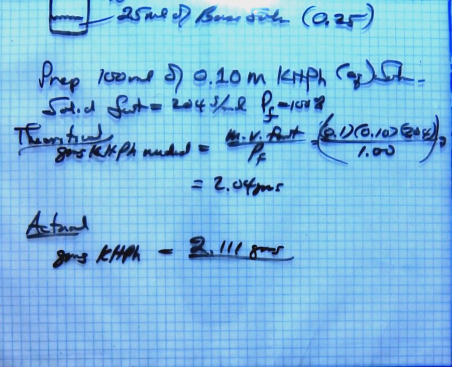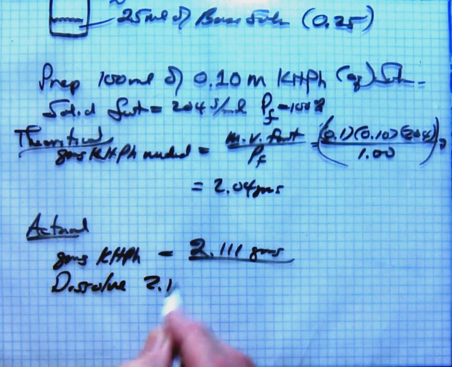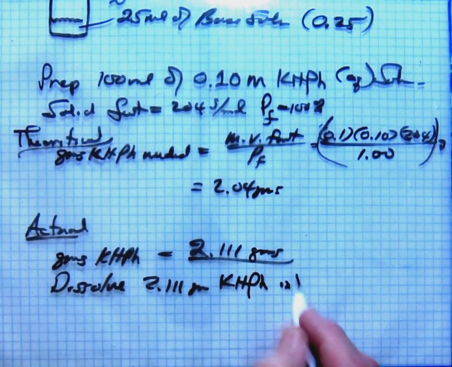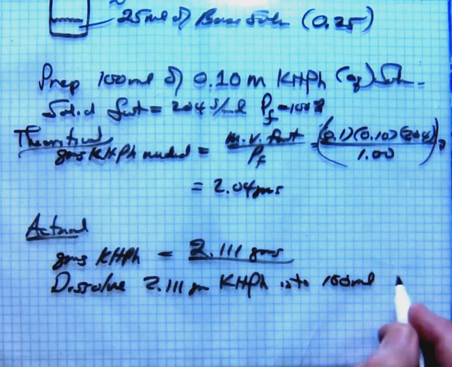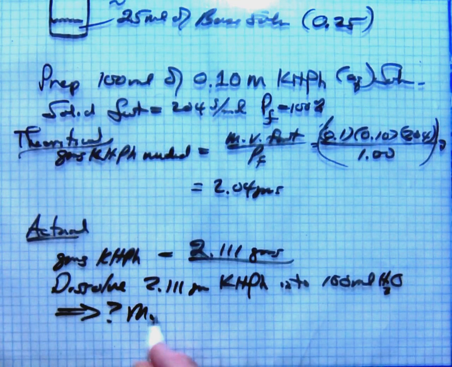You don't want to sit there all day and scrape that stuff back in the beaker, but when you make a prep with that 2.111 grams, it's an accurate prep. If you dissolve 2.111 grams of KHP into 100 milliliters of solvent, what's the molarity?